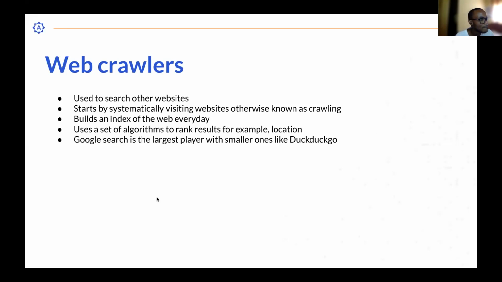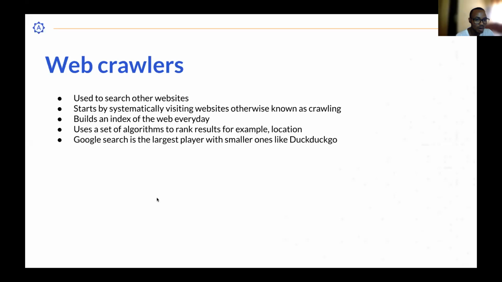For example, if you are in Rwanda and you search for volcanoes, you will probably see top results to do with Visit Rwanda or mountain gorillas or something like that, which is different from someone who is in Denmark.